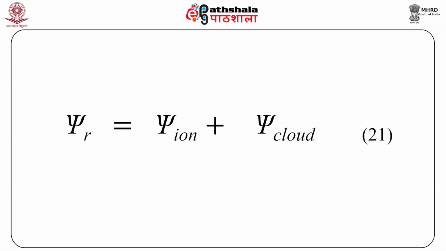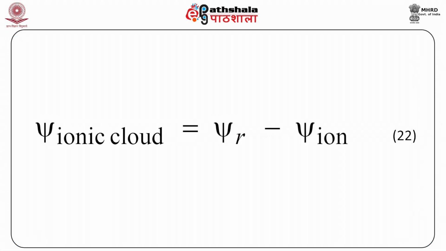That is, psi(r) is equal to psi ion plus psi cloud. This is our equation 21. Thus, the contribution of psi ionic cloud can be easily found by rearranging equation 21. We get psi ionic cloud is equal to psi(r) minus psi ion. This is treated as equation 22.